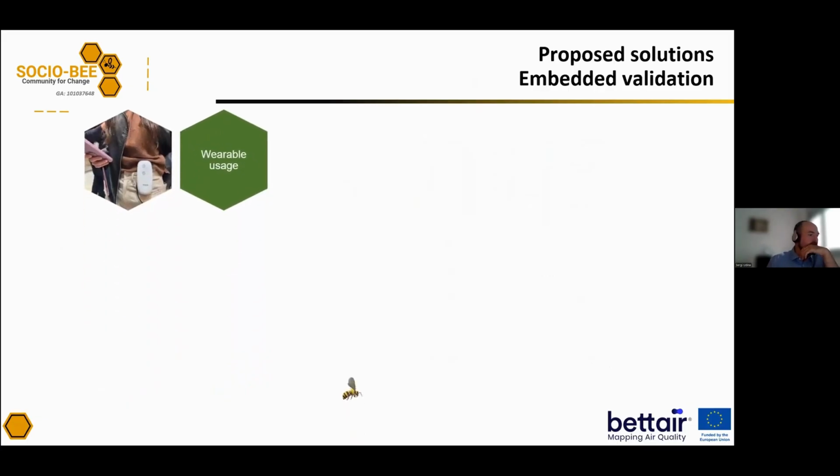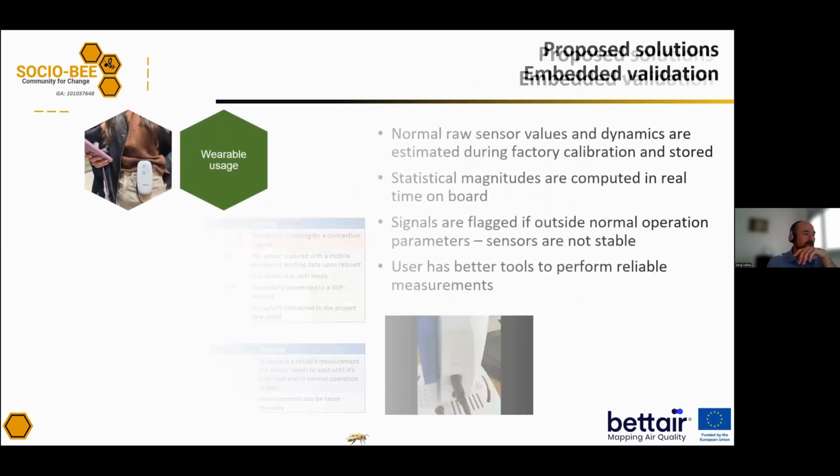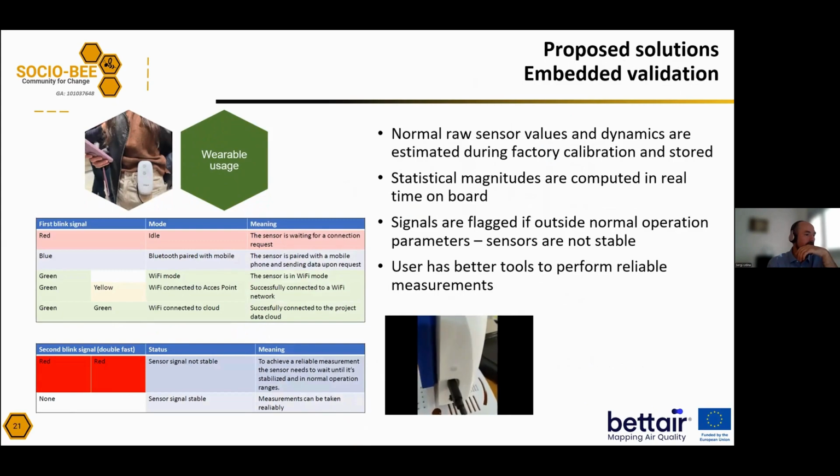Okay. So let's see, wearable users. There's another factor used to deal with the challenge of the user handling of the device, which, as I mentioned, was a very strong factor in the uncertainty, and that is the embedded validation. So the device does a number of algorithms and statistical computations inside on the raw data it's gathering, because remember the full calibration is performed on the cloud.